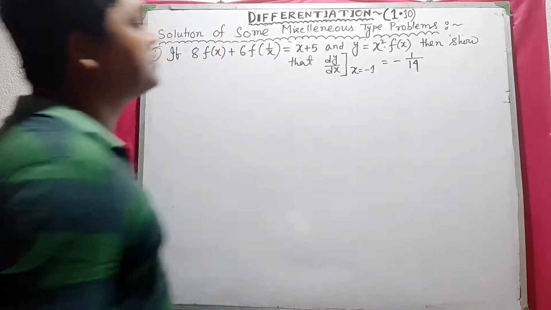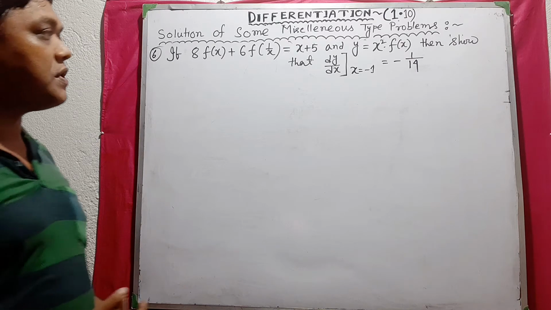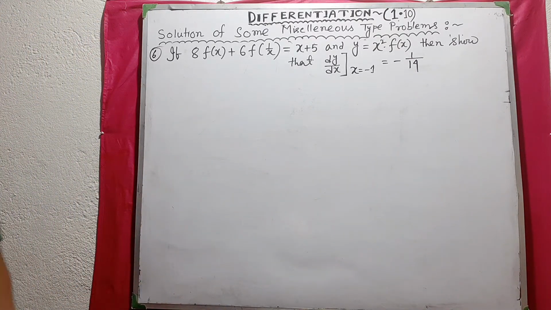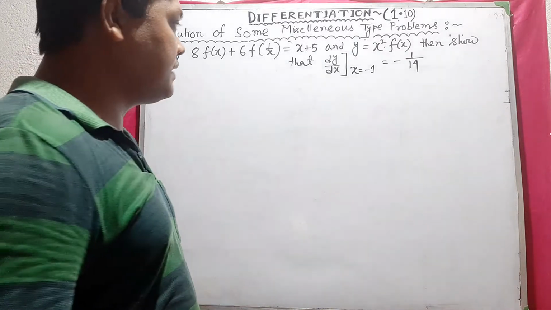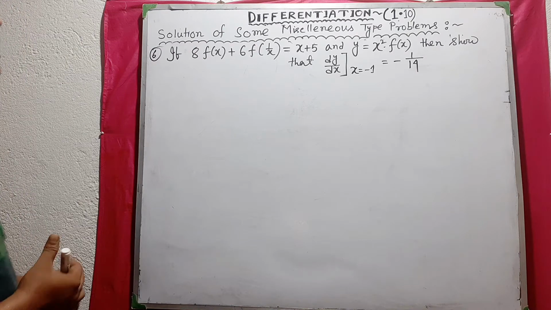We have to show it. Okay? 8f(x) plus 6f(1/x) equals to x plus 5 and y equals to x square f(x). Then show that dy/dx at x equals to minus 1 equals to minus 1 by 14.